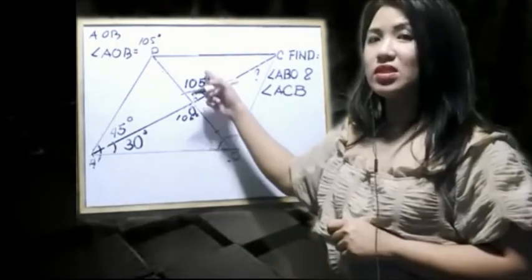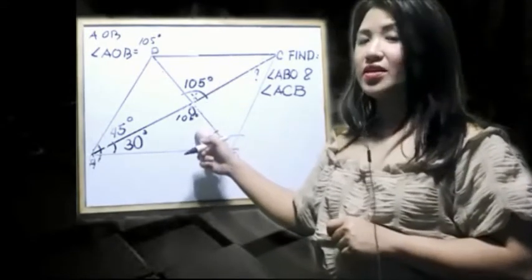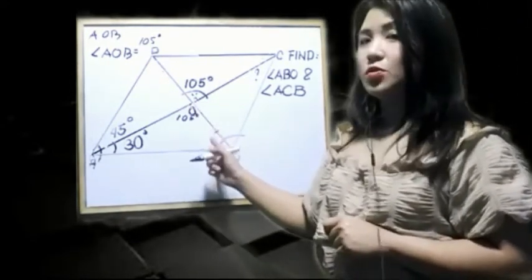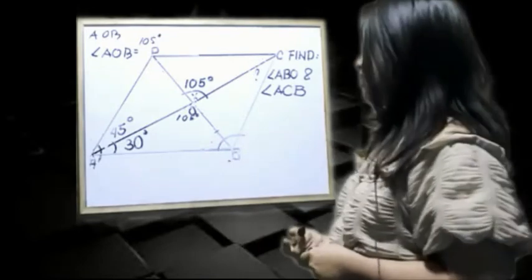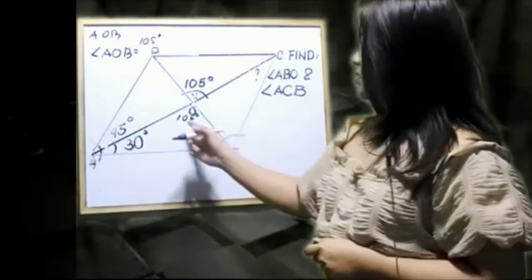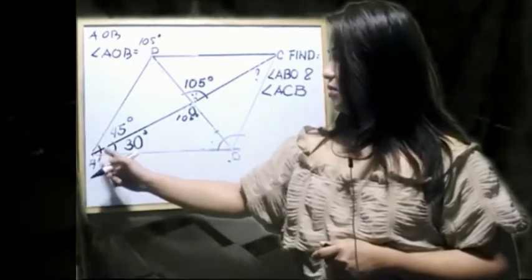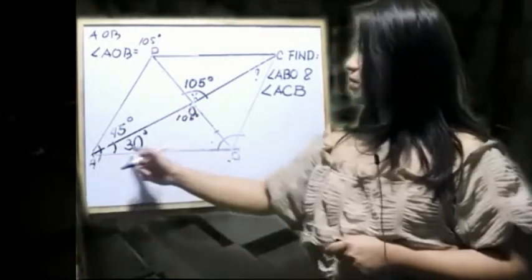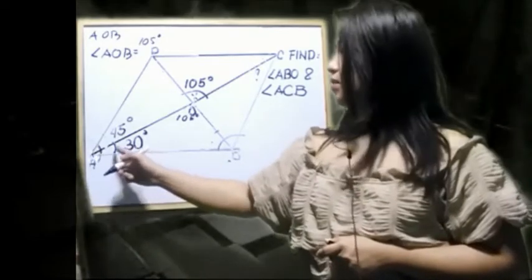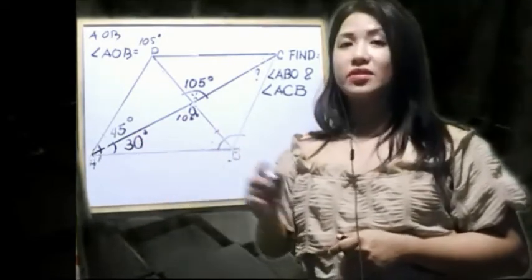Both of these are two congruent triangles divided by the two diagonals of the parallelogram. Now, as you can see, we have here 105 degrees, and I have the angle OAB, which is 30 degrees. And this one right here forms a triangle.